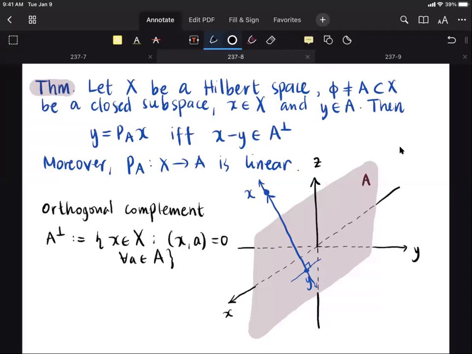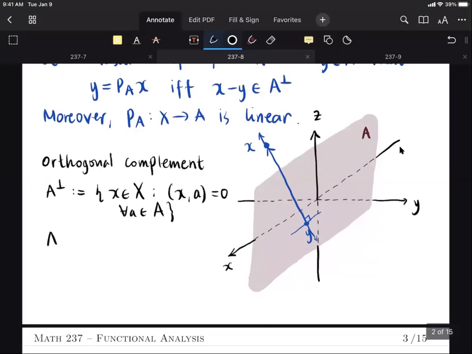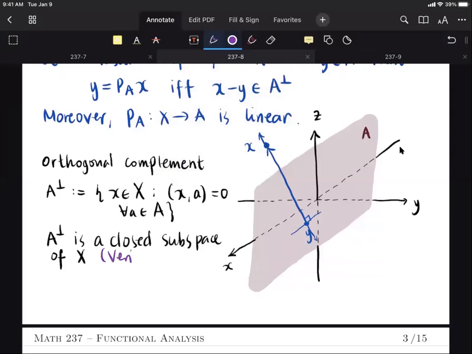So loosely speaking, these are the set of all x in your ambient Hilbert space, capital X, that is orthogonal to any element of the subset A. You can easily show that this is indeed a closed subspace of X. So you are encouraged to verify this.